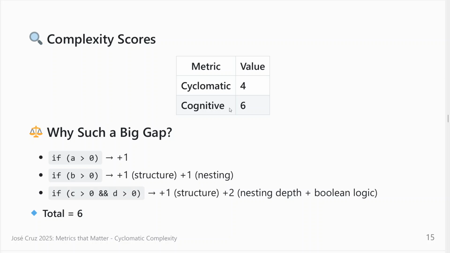Of course, you will use these values in different contexts. Again, you need one of them for the tests and the other one for the people that work in your code. If you are juniors, probably people that are junior developers, maybe you want to take into consideration seriously the cognitive metric. If you are senior people, okay, there is some relevance, but you know that they can handle this.